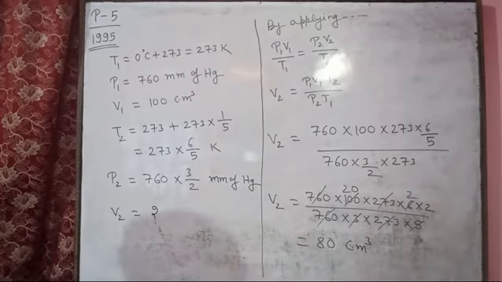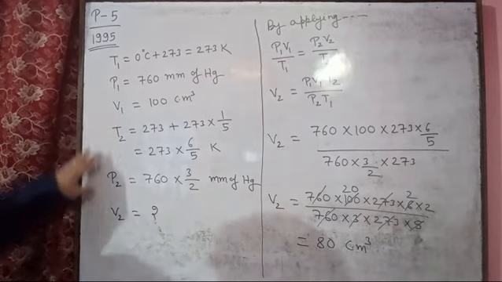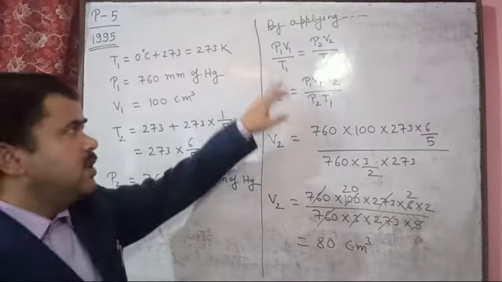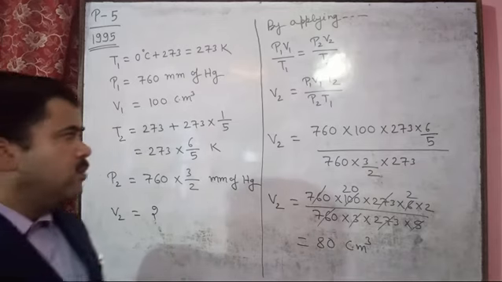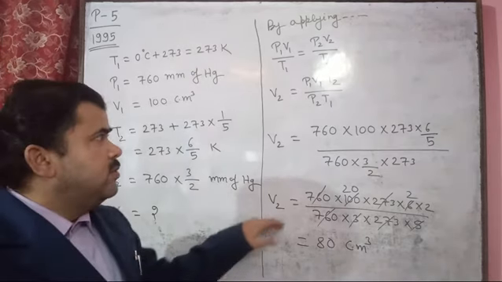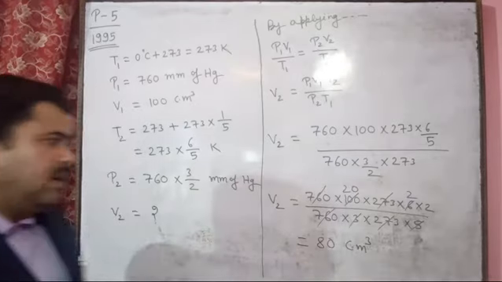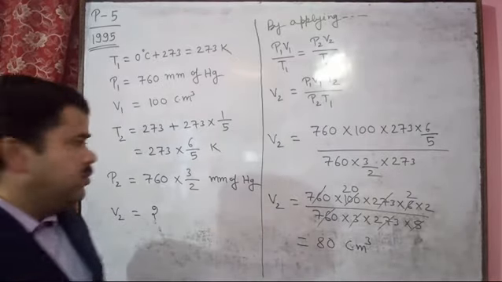So in this question 1995, these values we put, and by applying the gas equation P1 V1 upon T1 equal to P2 V2 upon T2, we get the answer, which will be 80 centimeter cube.